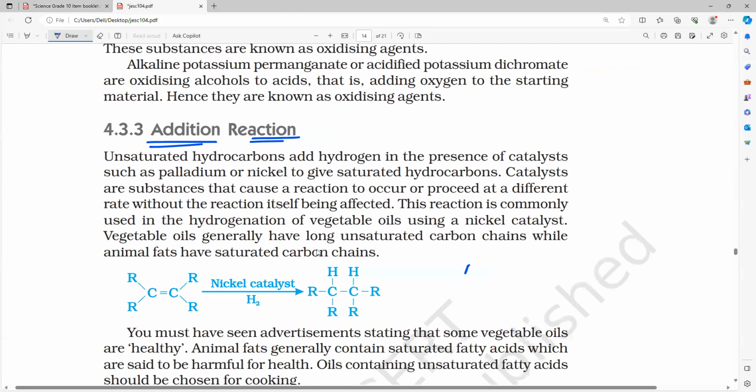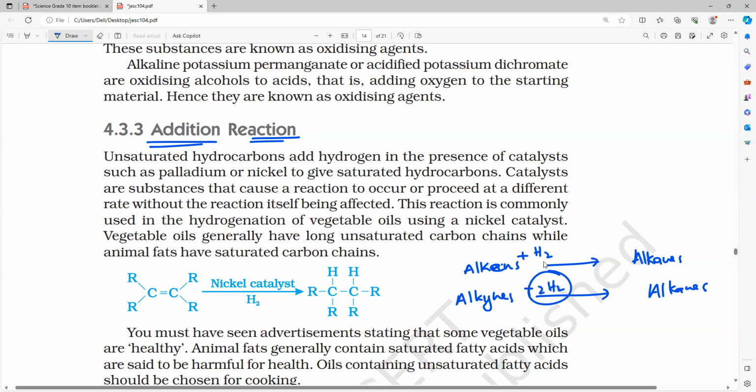Converting alkenes to alkanes, we need only 1 mole of hydrogen. If we are converting alkynes to alkanes, we need 2 moles of hydrogen. That is very, very important.